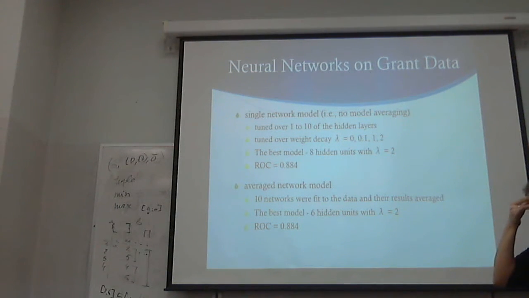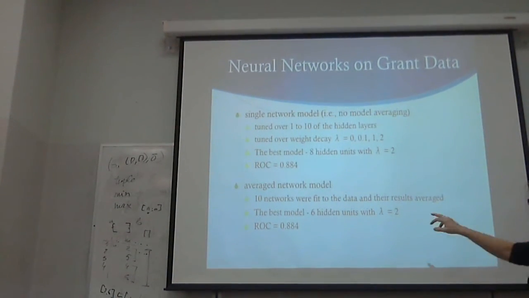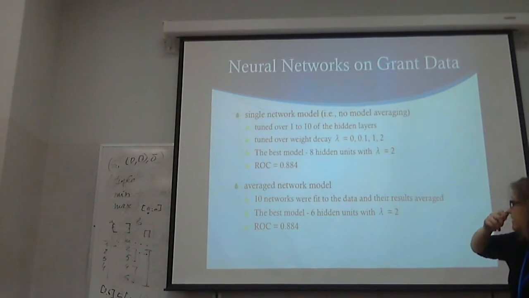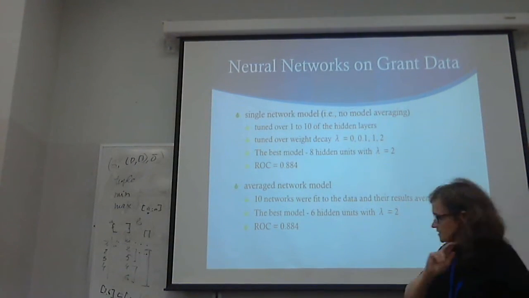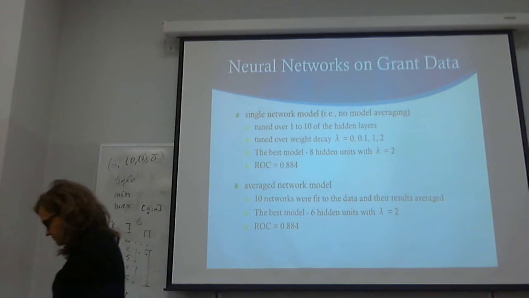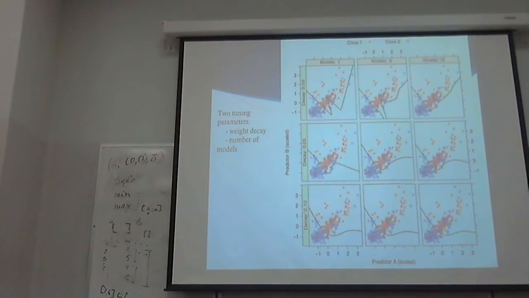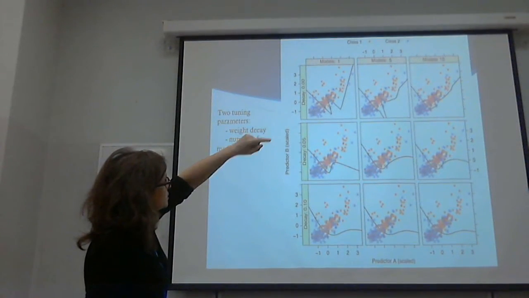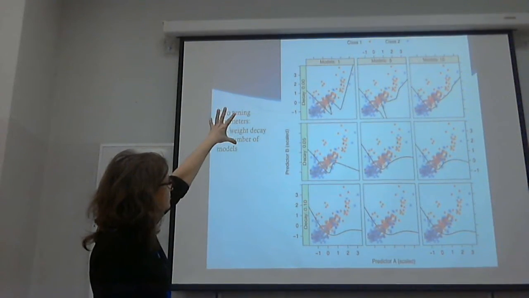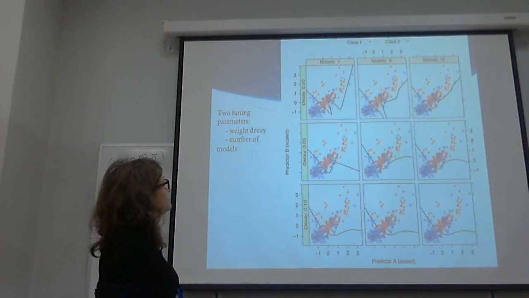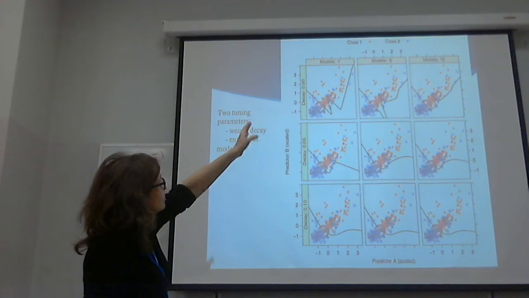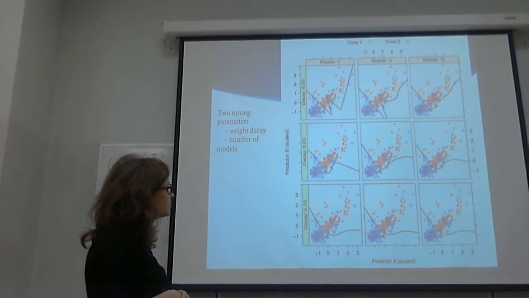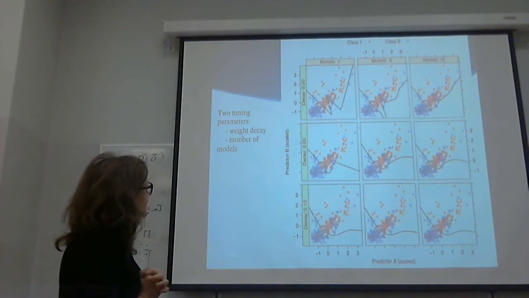If you run, say, 10 networks on the data and average the results, you get the best model. This slide shows that. You see models 1, models 5, models 10. So you run, say, 5 different models and then average the results, or you run 10 different models and average the results.